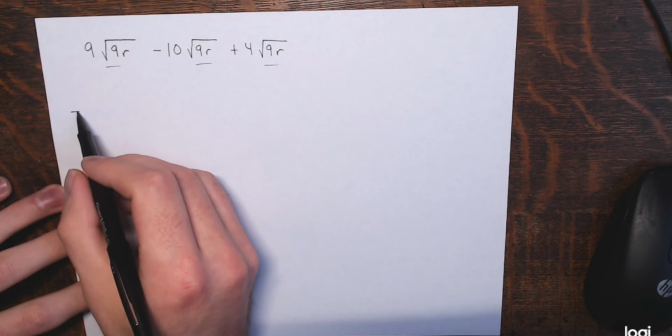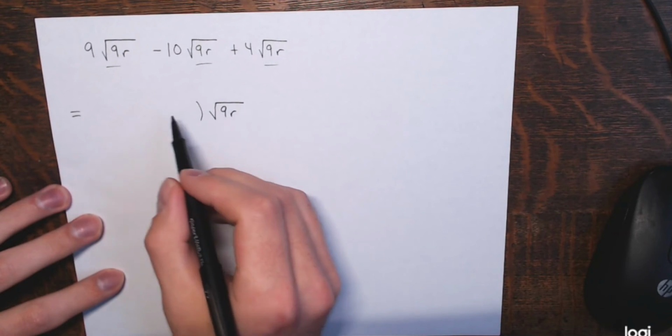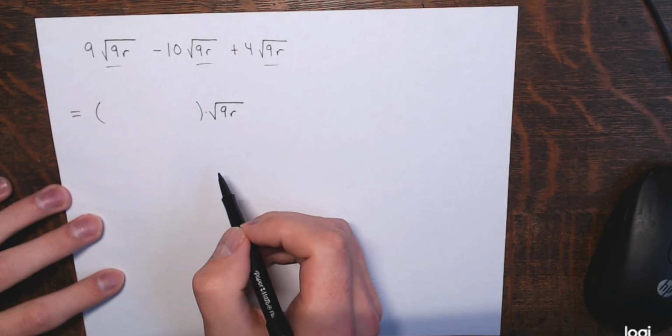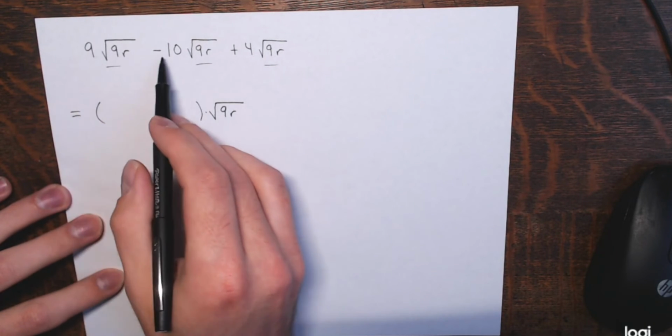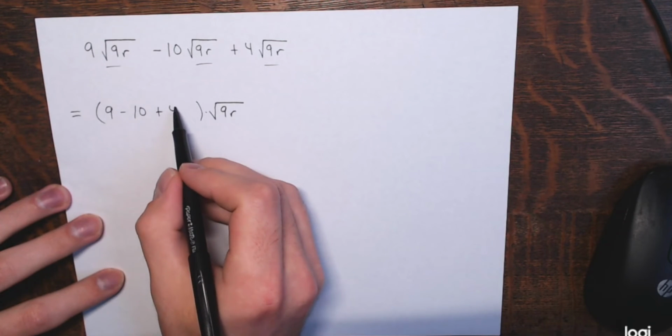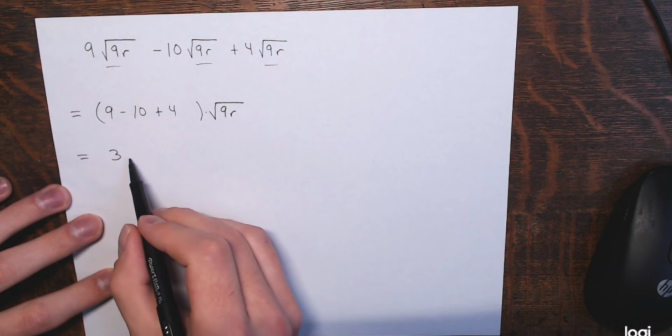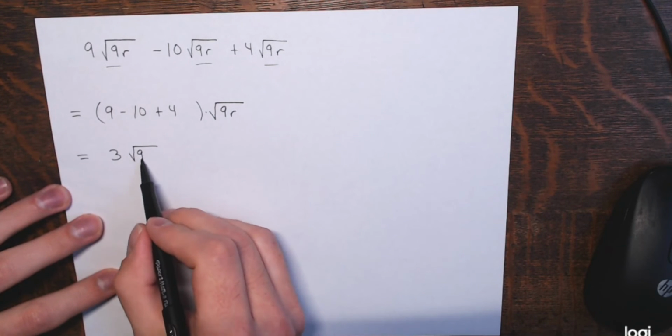Right, so you can factor that out. I put it at the end. So times the square root of 9r there, and then what you'd have left over is 9, just the coefficients being combined. 9 minus 10 plus 4. Well, that's 3. Right. So we end up with 3 times the square root of 9r.